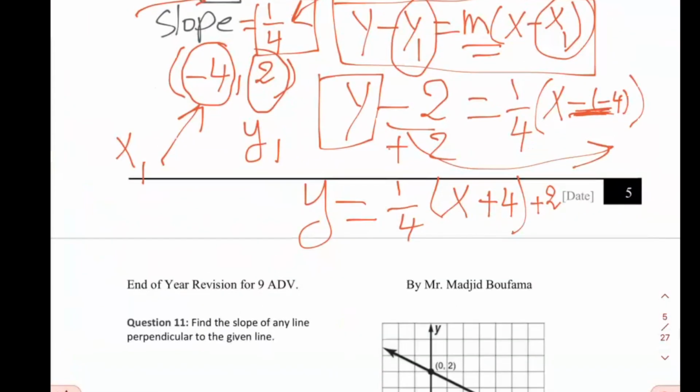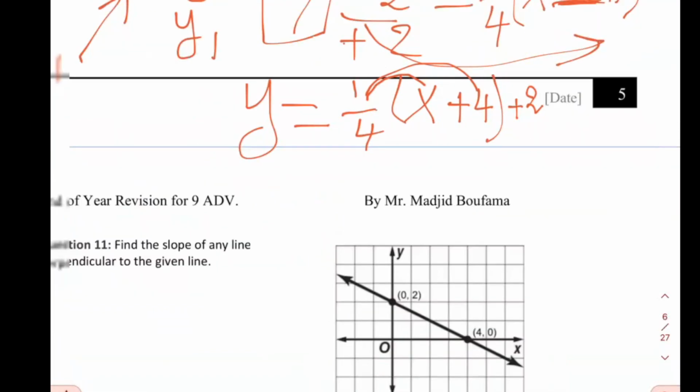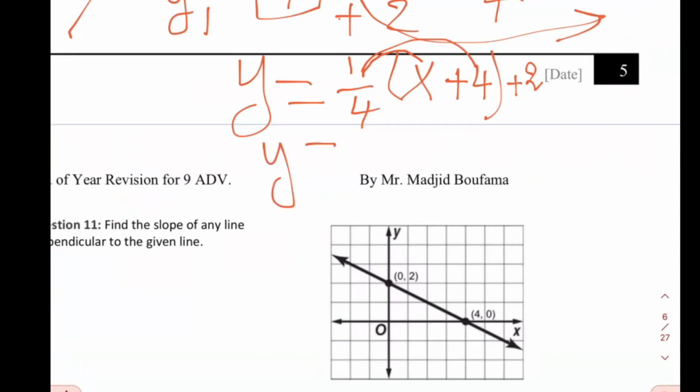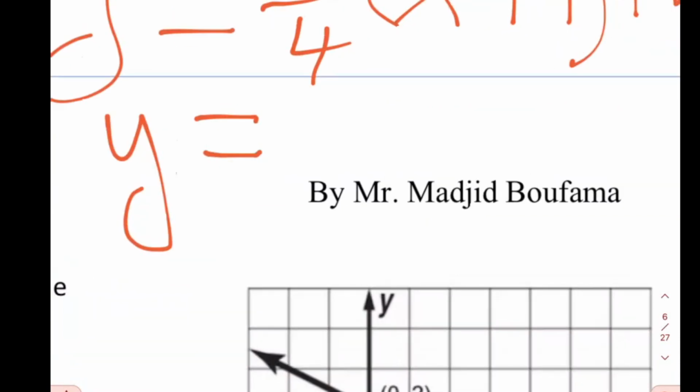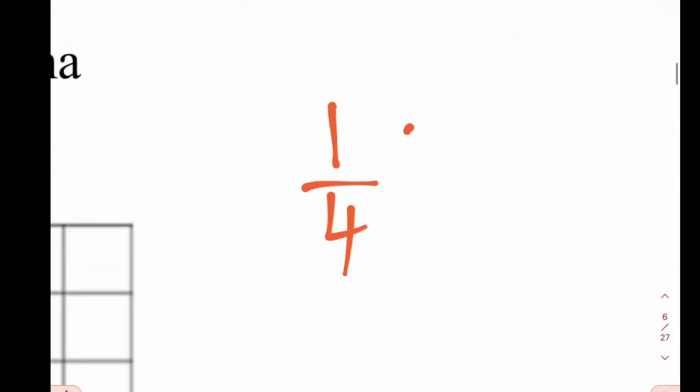After you do this, very simple, make sure you multiply 1 over 4 times x and 1 over 4 times 4, okay? Simplify it this way. So y equals 1 over 4 x, plus 1 over 4 times 4.